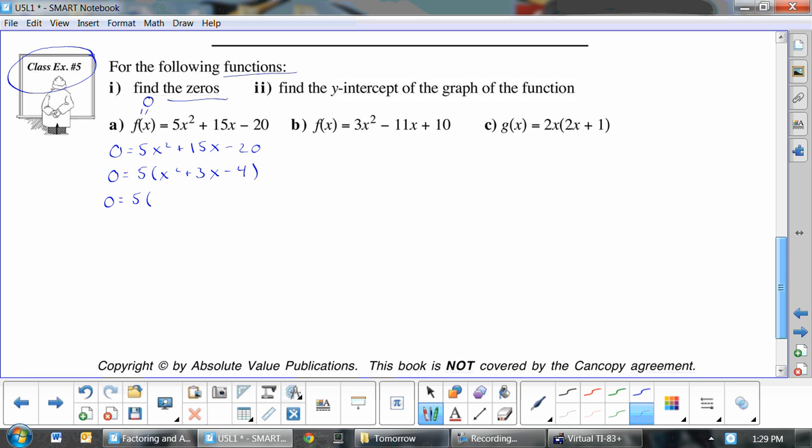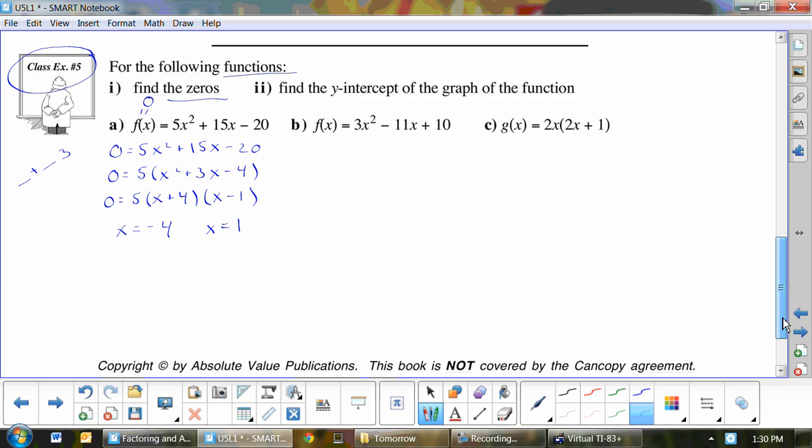So what are our factors? Okay, so what two things add together for 3? You got it. So we have plus 4 and negative 1, so x minus 1. And then it's the same thing. We just go x is equal to negative 4, x is equal to 1. So when we're finding the zeros, it's exactly the same as when we're solving for roots.